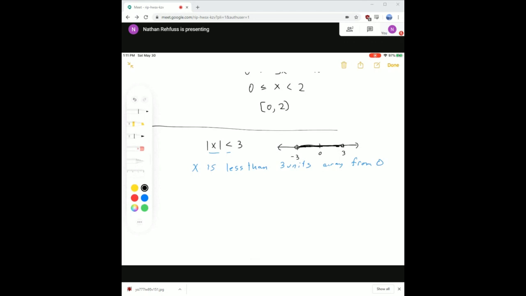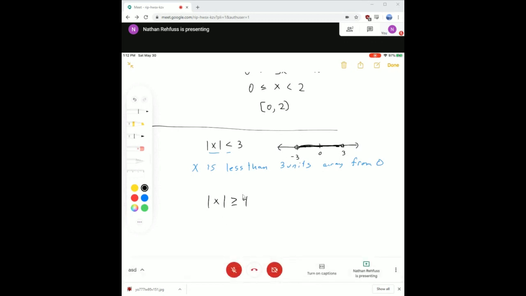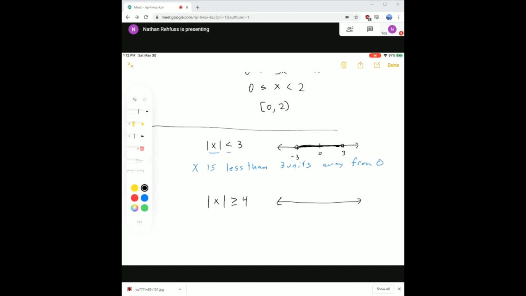Whereas if I put a lower bound on the absolute value, like x has a magnitude of 4 or bigger, let's say. So this is a lower bound on the absolute value. It could be 4 or any number bigger, but it can't be anything smaller. This is like the opposite. This is like a restraining order. 4 and negative 4.